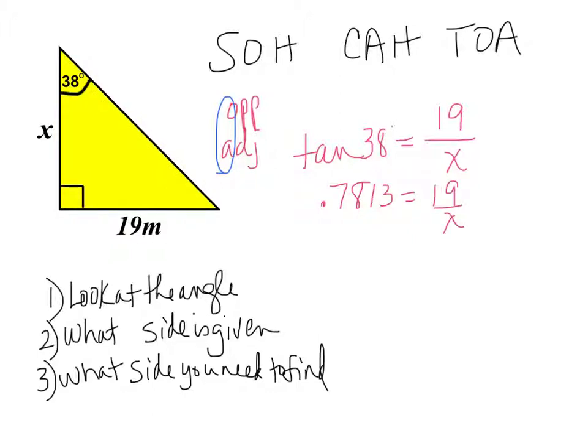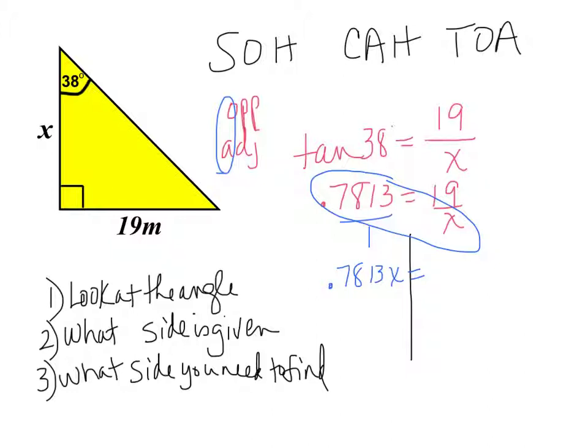Now here's the cool part. You set up a proportion. When you do the proportion, you're using cross products. These two multiply, so 0.7813 times x is equal to 19 times 1. Again, what's the inverse of multiplying by 0.7813? It's dividing.